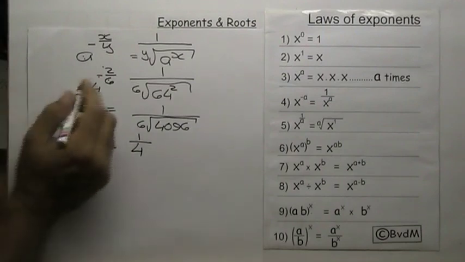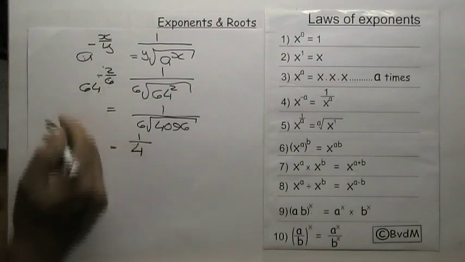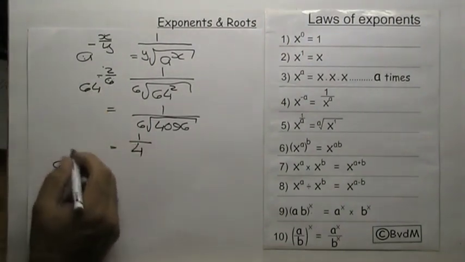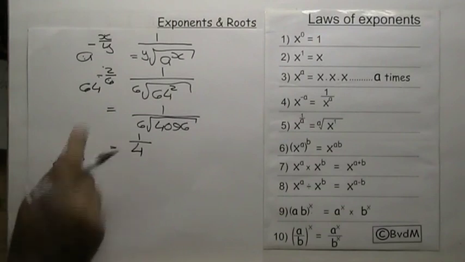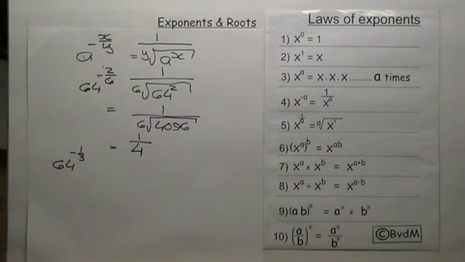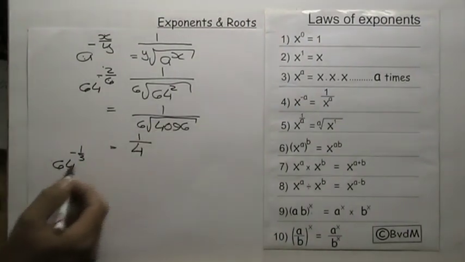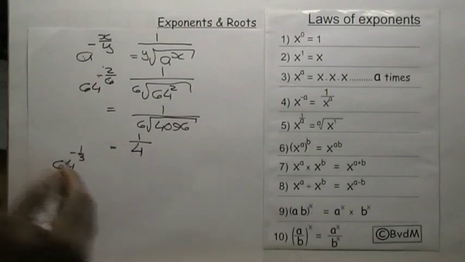Let's see if it's true. What is 2 over 6? It's a third. So what is 64 to the power minus a third? This and that is actually the same thing. I simplified the fraction just before I started. Now, you can go and check this on your calculator. Let's just prove that it's true.